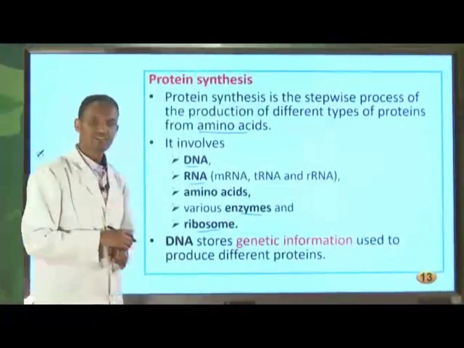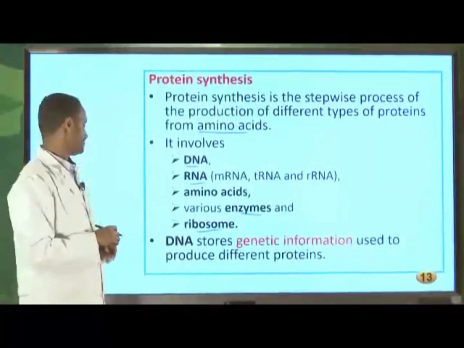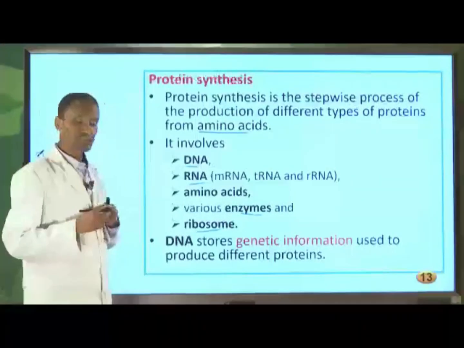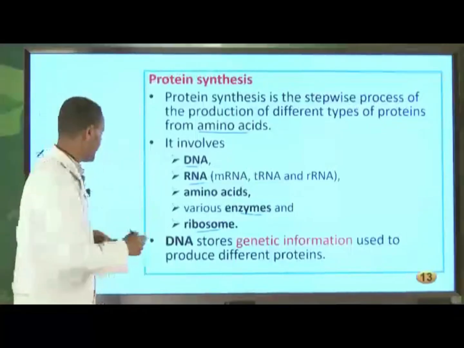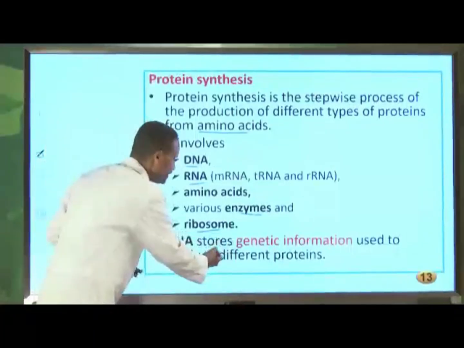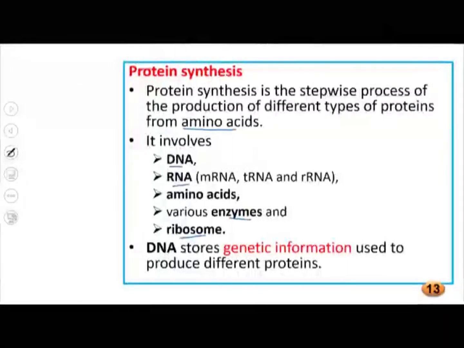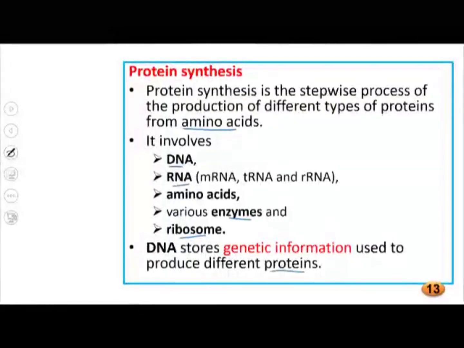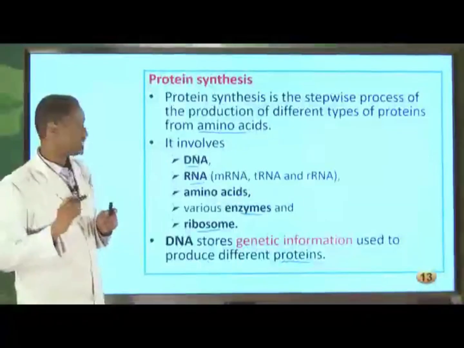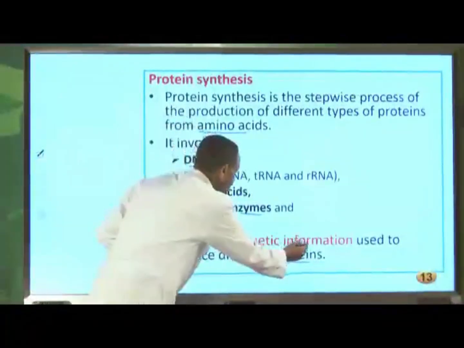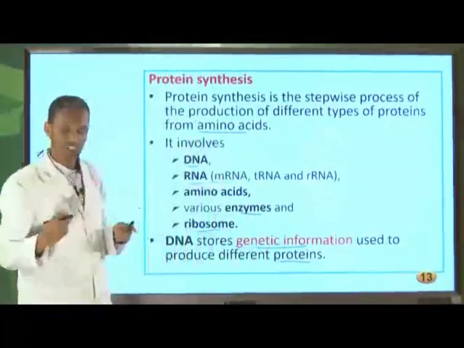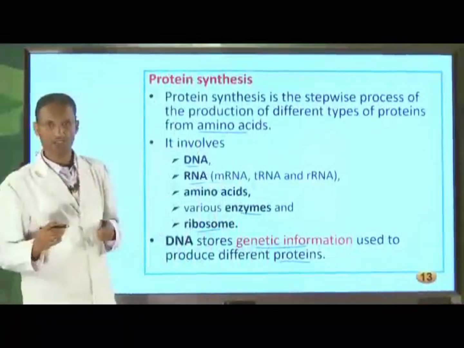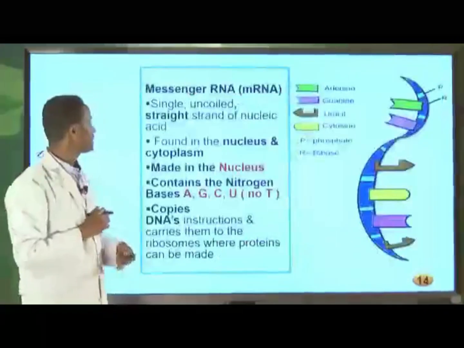Now let us see, starting from DNA, the importance of DNA in protein synthesis. DNA stores genetic information used to produce different proteins. One of the main functions of DNA in protein synthesis is the storage of genetic information that is important for protein synthesis.